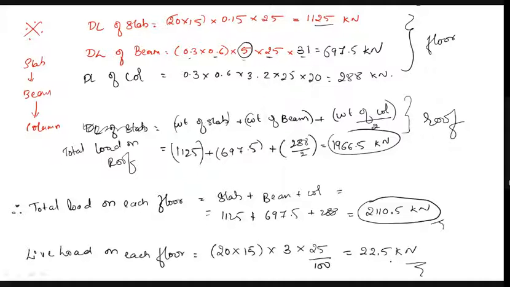So we have got dead load and live load. Now we want the seismic weight of each floor. Means on each floor, what is the total? Suppose this is your frame structure: first floor, second floor, third floor, and fourth roof. Here, what is the seismic load on each floor? It is the combination of dead load plus live load.